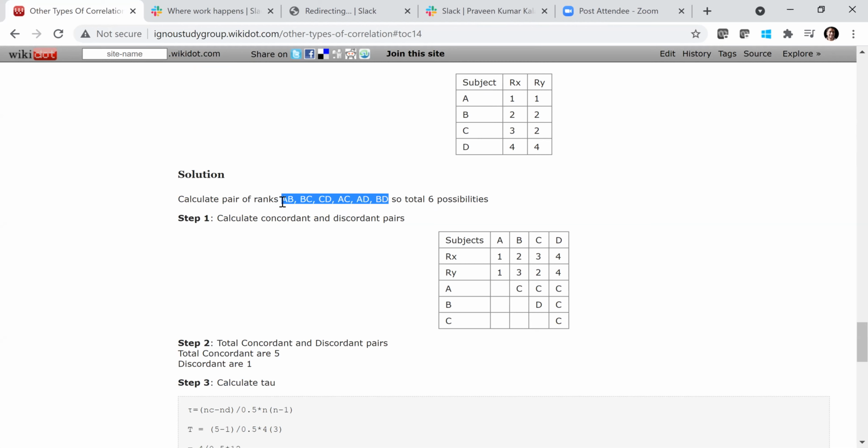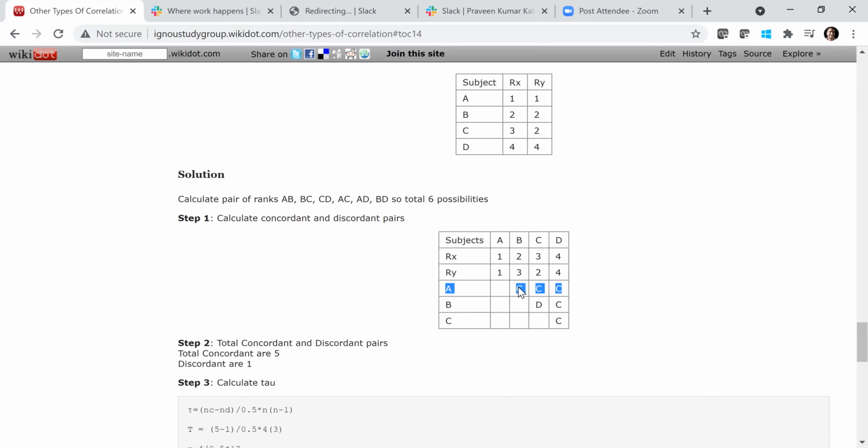So now I'm going to check what are the combinations, whether it is concordant or discordant. The first comparison is A with B. When I compare A with B, A is increasing. Here 1, 1, 2, 3, both are in the same direction.